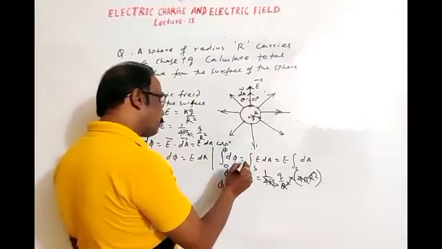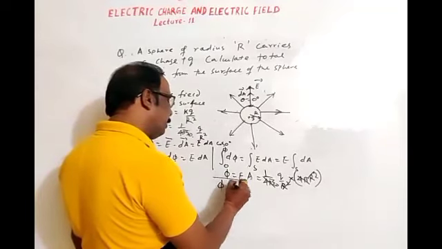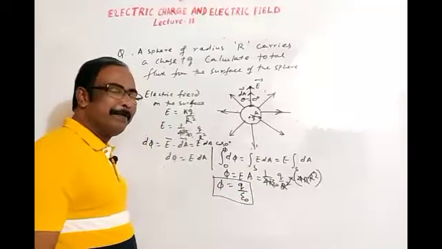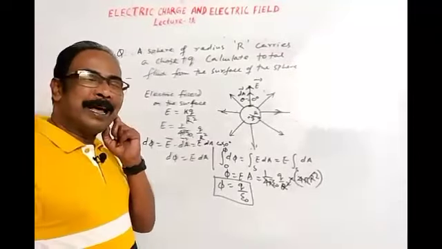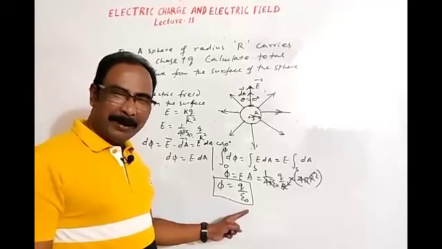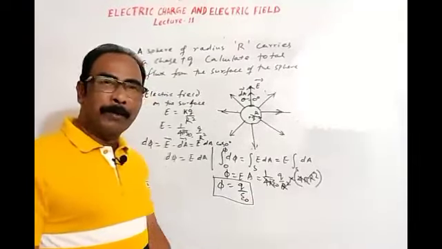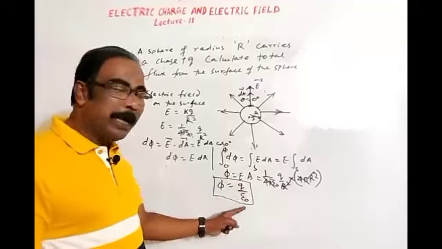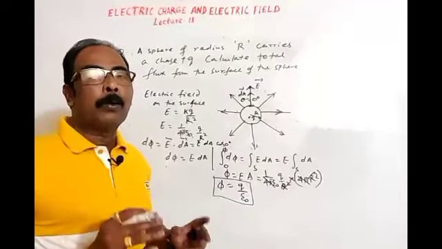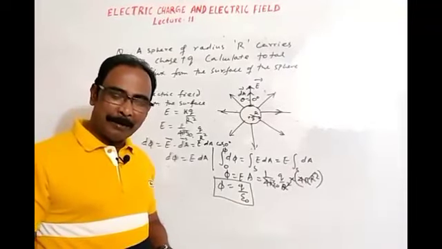Total flux from the surface is Q divided by epsilon naught. If magnitude of charge Q is given, we know the value of epsilon naught, 8.85 into 10 to the power minus 12. By putting all these values, we can calculate total flux from the surface of the sphere.